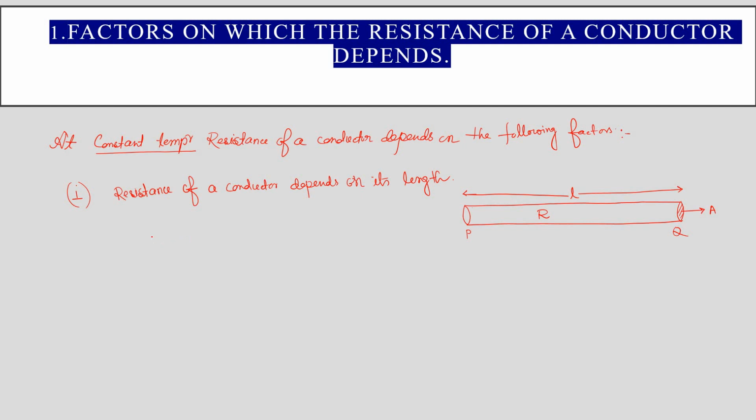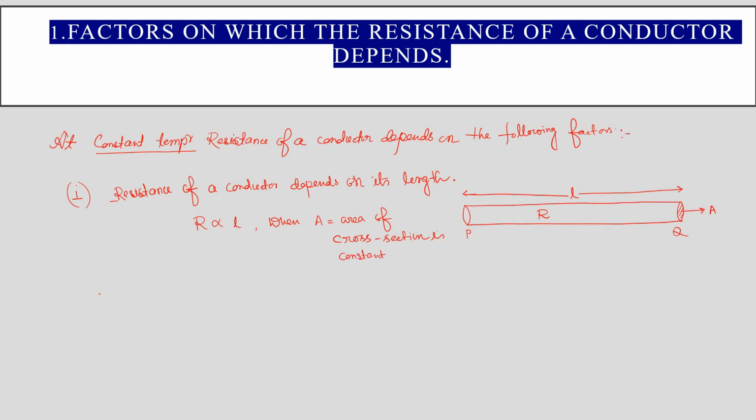From experimental observation, we observe that resistance of a conductor depends proportionally, or is directly proportional, with its length. It is R proportional to L, but when area of cross section A is constant.